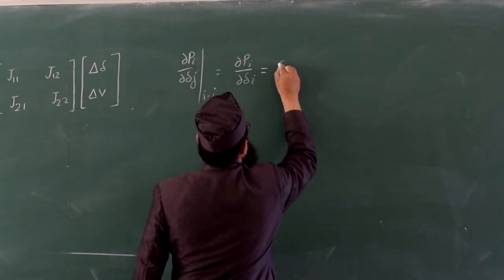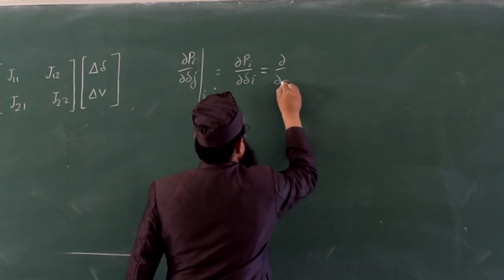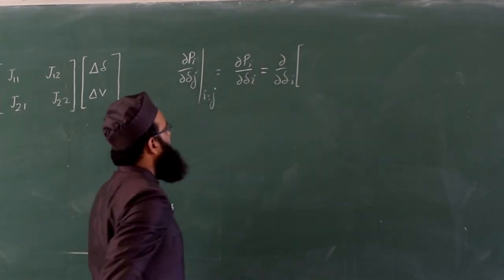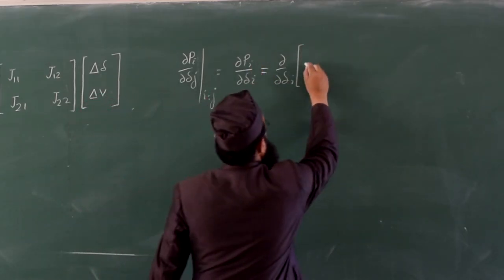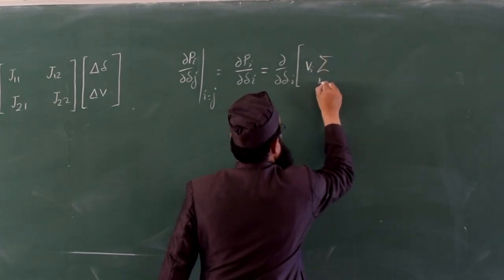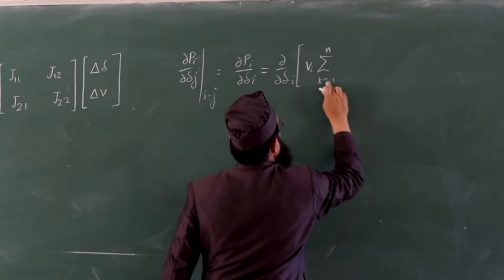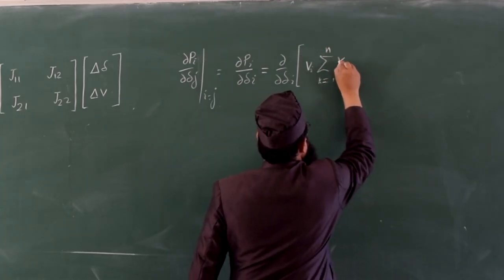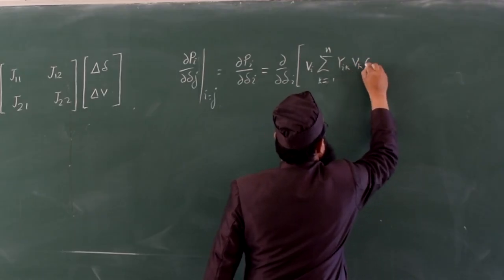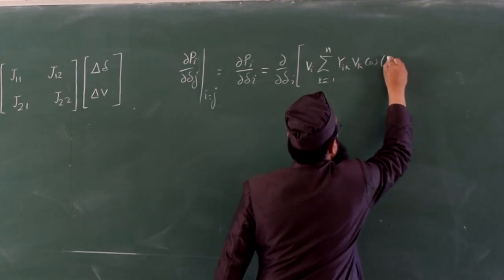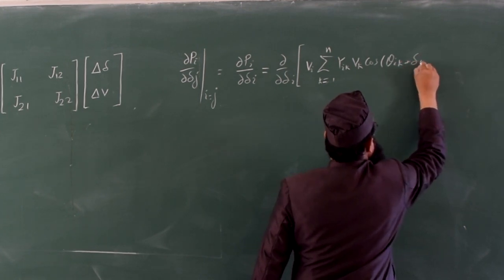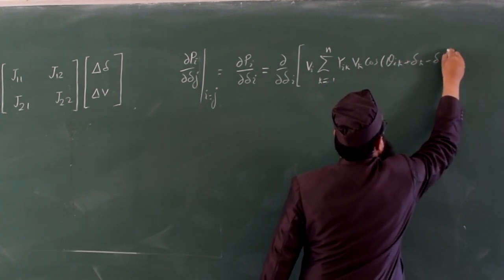This can be written as ∂/∂δi. Write here again the formula for Pi, that is Vi summation k equal to 1 to n Yik Vk cosine of (θik plus δk minus δi).